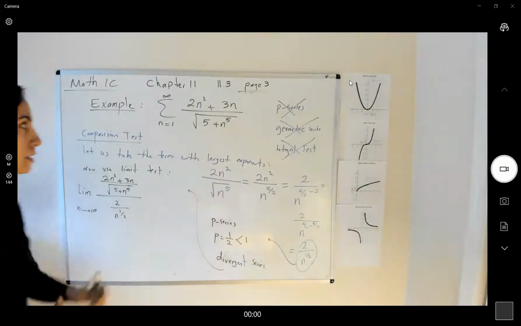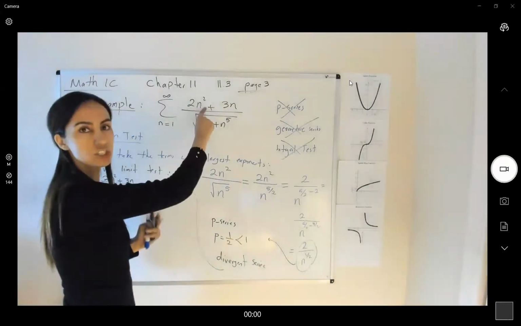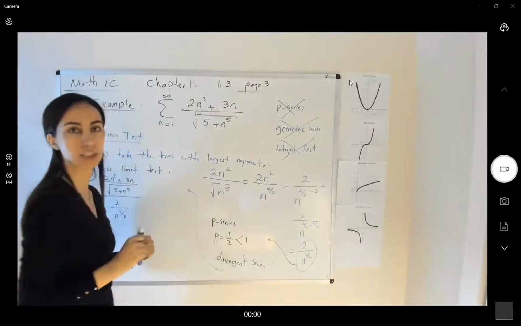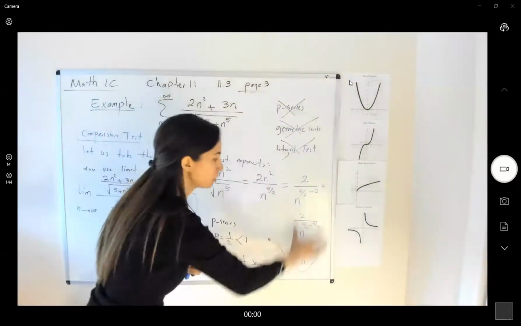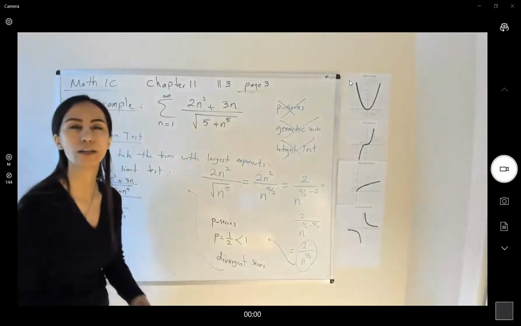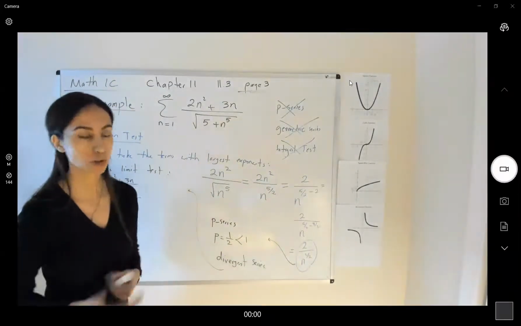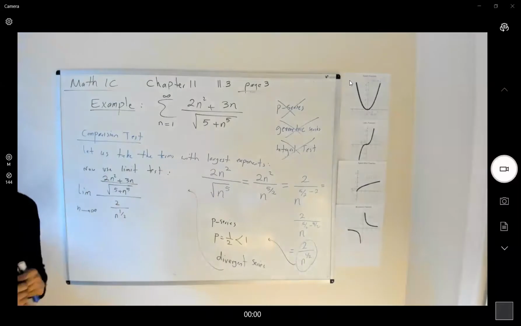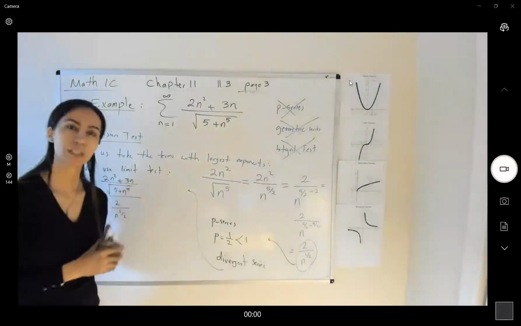So what I did, I took the largest term on the numerator and the largest term on the denominator, I simplified it as much as I can, and I formed a series that I already know is convergent or divergent. Now I'm going to move on to use the limit test.